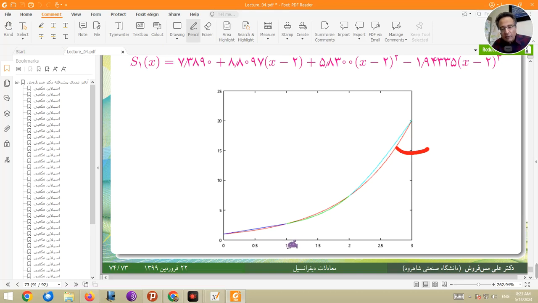From 1 to 2, the green one is S1, and in the interval 2 to 3, the light blue one is S2 of x. Okay, S0, S1 and S2.